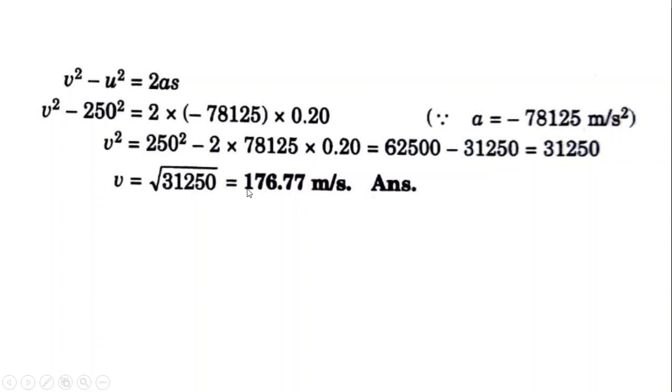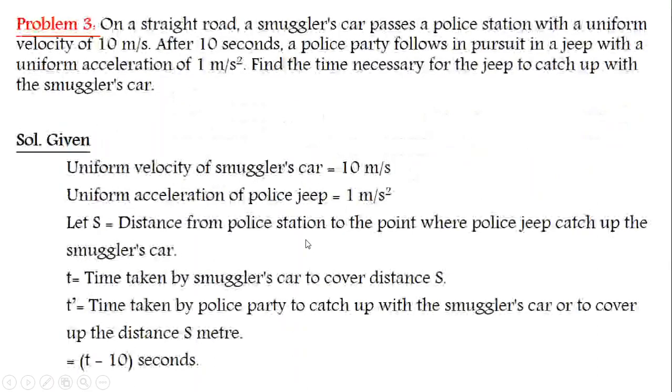The bullet emerges from the 20 centimeter wooden piece with a velocity of 176.77 meter per second. This is the final velocity of the bullet in the second case. Okay, let's go for the next problem.